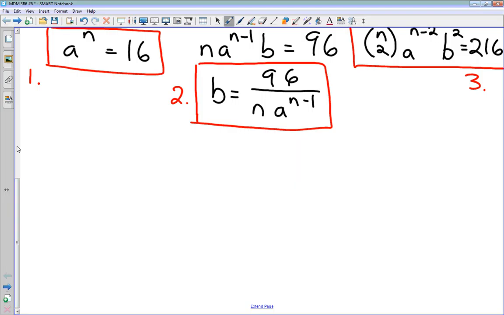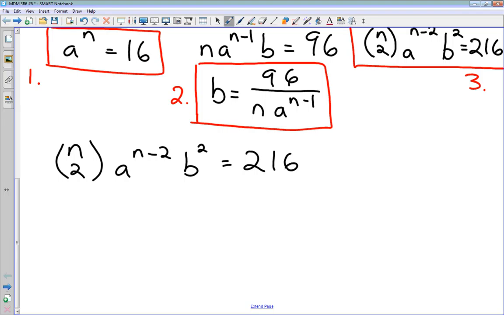The equation that we're going to work with is equation number 3. So equation number 3 is n choose 2, a to the n minus 2, b squared equals 216. I've got n, I've got a, I've got b in there.